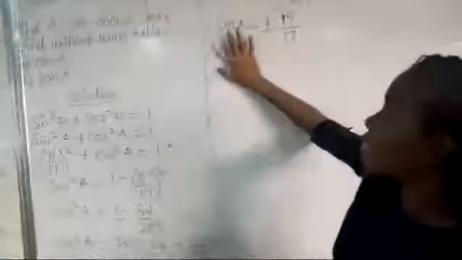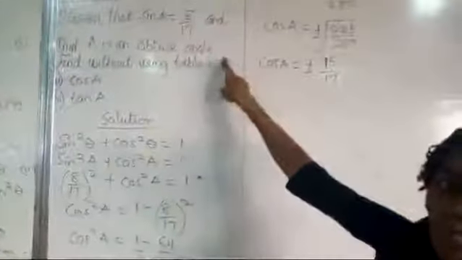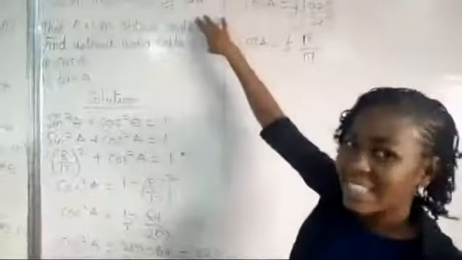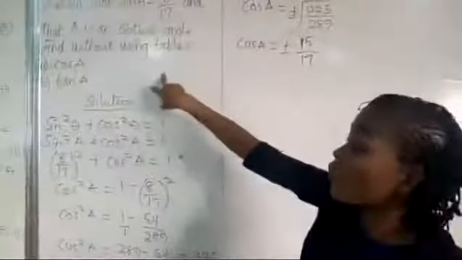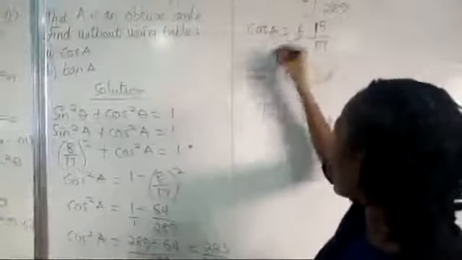Now I want to decide whether our final answer will be positive 15 over 17 or negative. Let's go back to the question. It is said that A is an obtuse angle. When we say obtuse angle, what comes to your mind? This angle is greater than 90, but what? Less than 180. That brings you back to your quadrants. If I'm to draw your quadrants, you notice that this is 0, 90, 180.